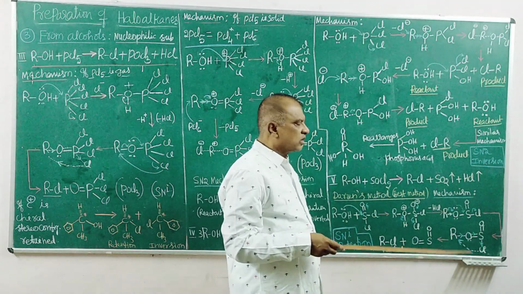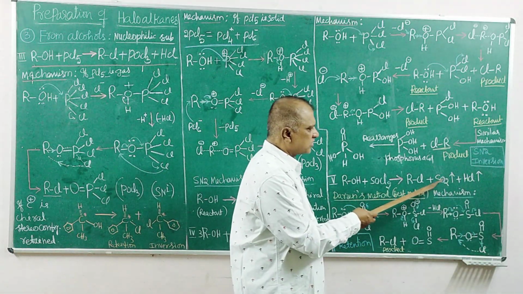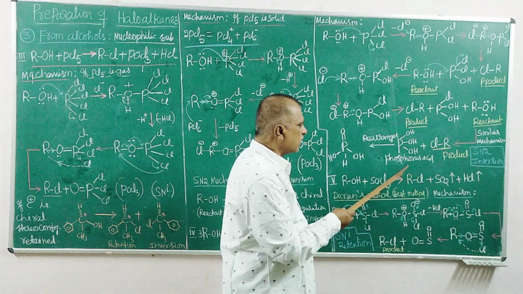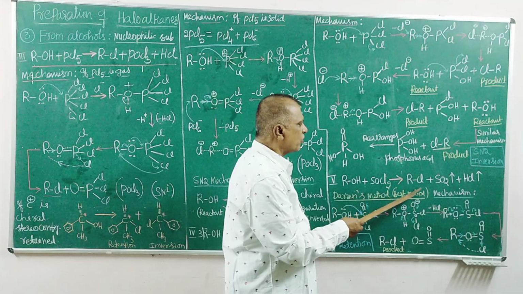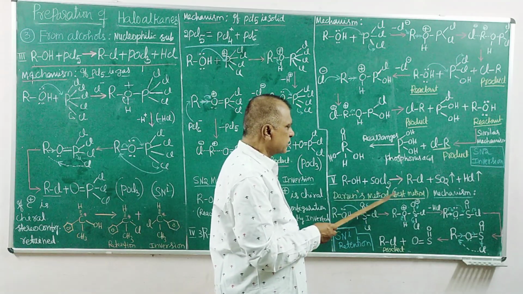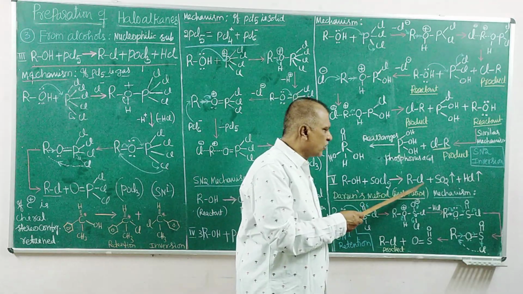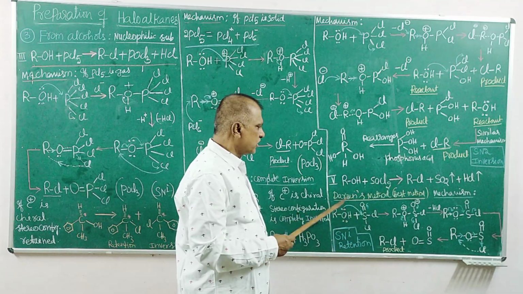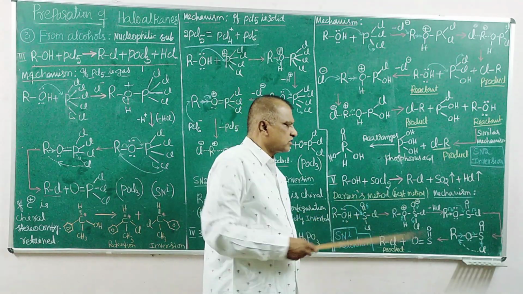In the reaction, these two gases escape from the system, leaving behind only the pure compound, the haloalkane obtained by this reaction. So that is called the best method for preparation of chloro derivative of alcohol, the action of SOCl2, called Darzen's method, the best method.